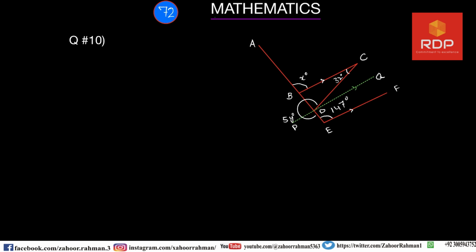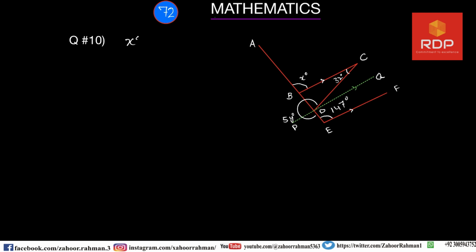Now, because this line and this line fall in the category of parallel lines, it is very easy: this angle will be equal to this angle, and that is due to the corresponding angles.